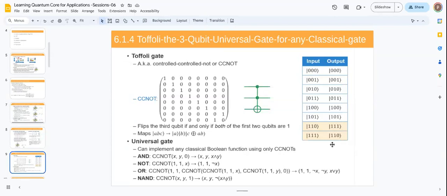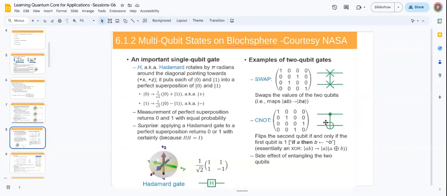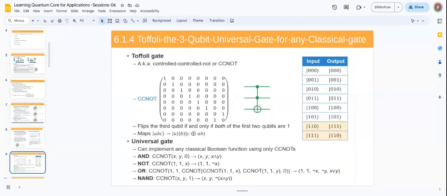You can draw any flowchart. The same way we could have drawn it for these also, and then described the truth table. So we can use a truth table of input and output to define the gate, and then accordingly we can place the matrix. So Toffoli is a universal gate. It is important to note, because using this gate we can create a knot, CCNOT, which here takes x, y and gives x, y, and x XOR y, and this is CCNOT used for getting the knot.